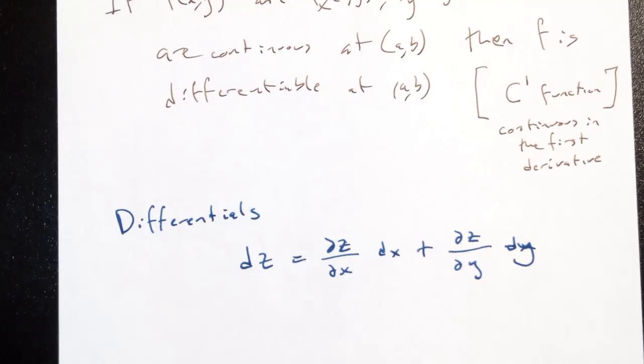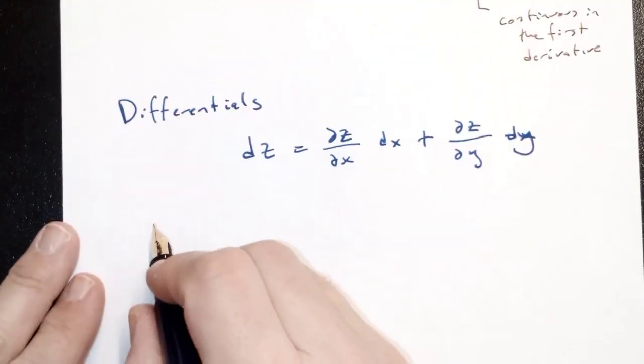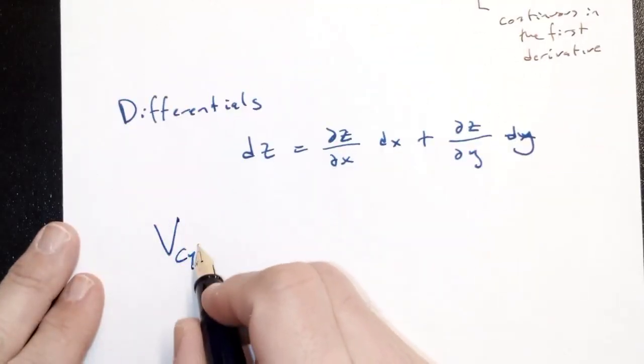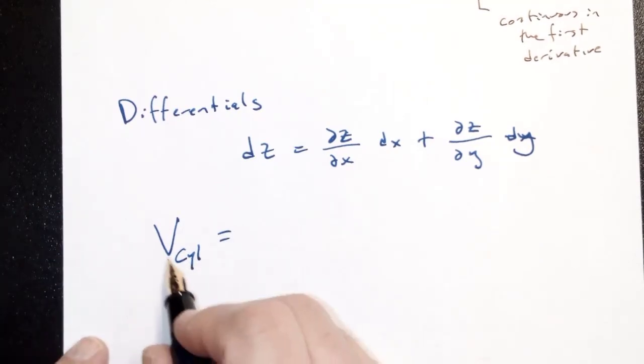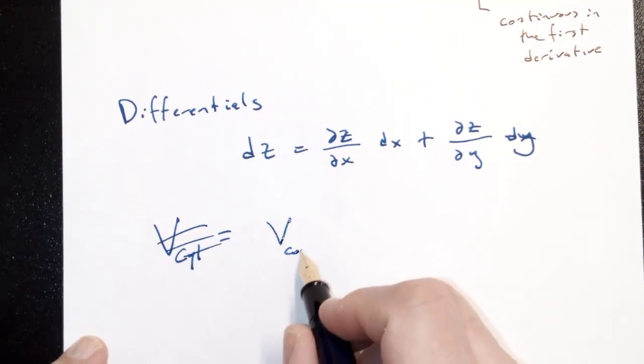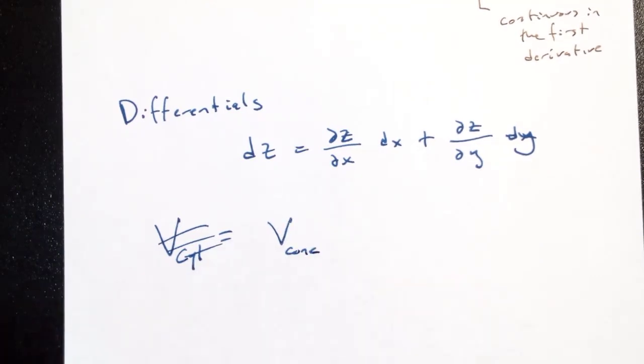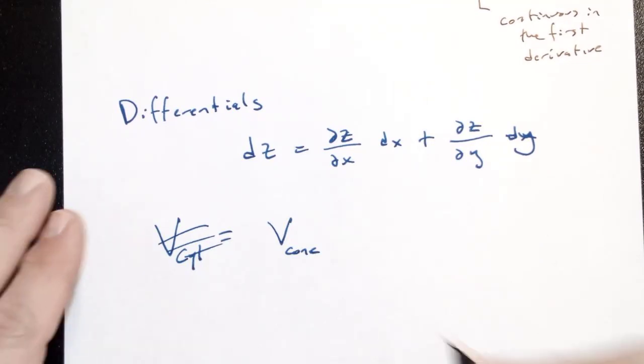Okay. An example. What's the formula? Not for a cylinder, for a cone. You have the internet. You do not have to have this memorized. What is the volume for a cone? Okay.